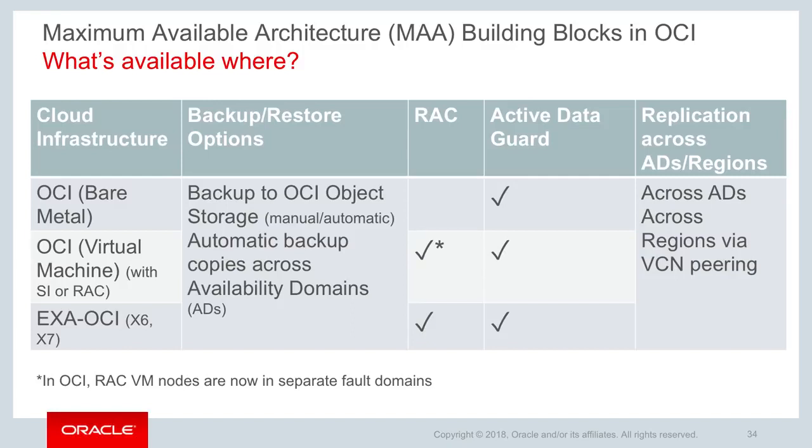In terms of high availability, the OCI database systems running on virtual machines and the Exadata systems can have rack instances. When deploying rack instances on VMs, note that the VMs are in separate fault domains, and this will protect the database from local server failures.